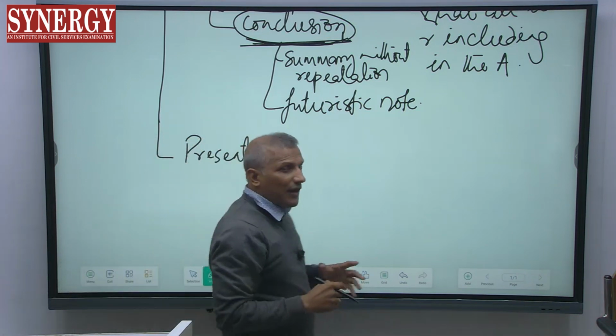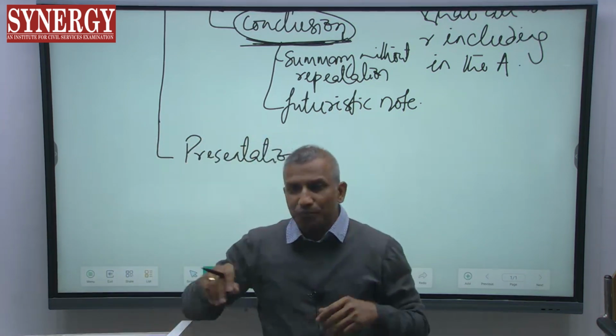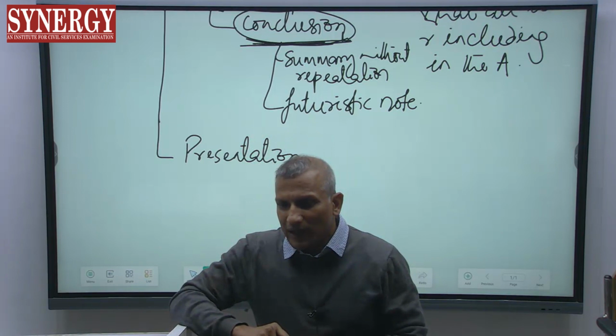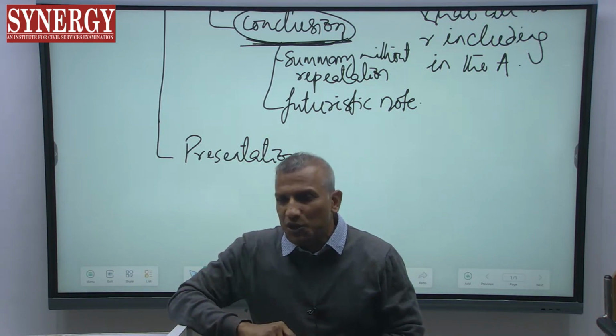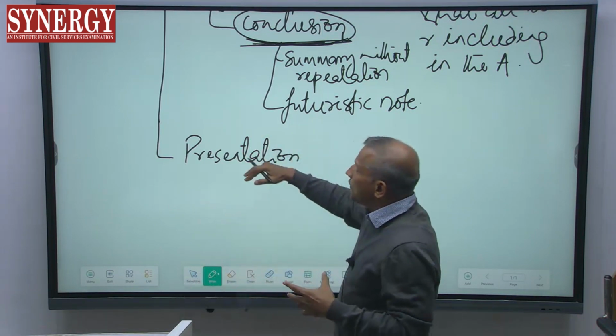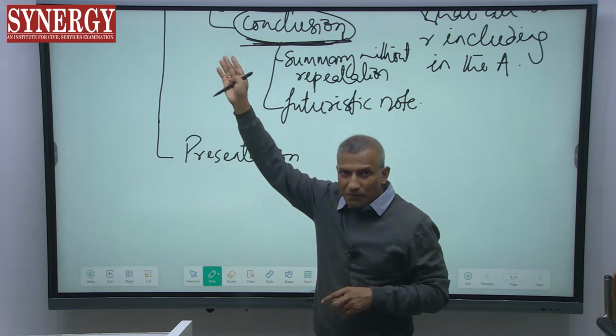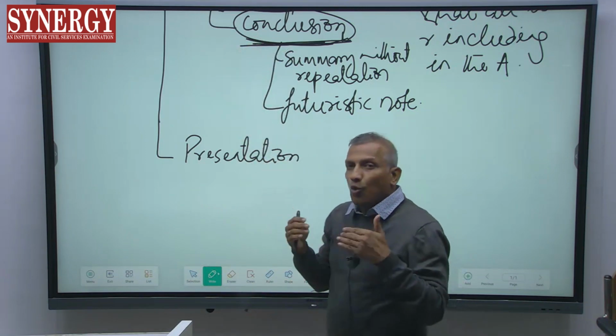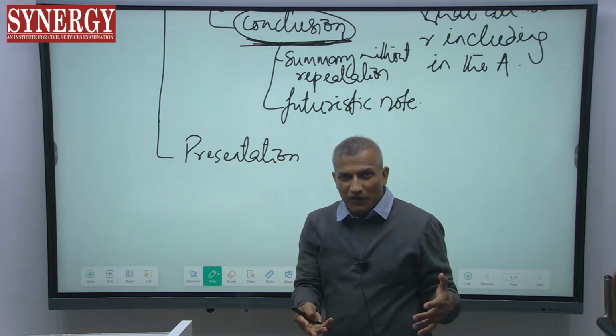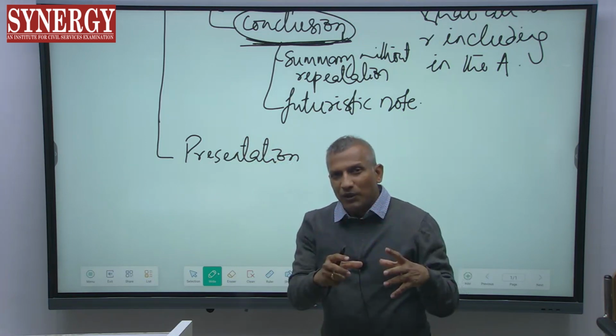Why am I saying that another aspect of the content is presentation? This presentation is different from what we discussed under clarity. This presentation is while writing your answer, while developing your content.